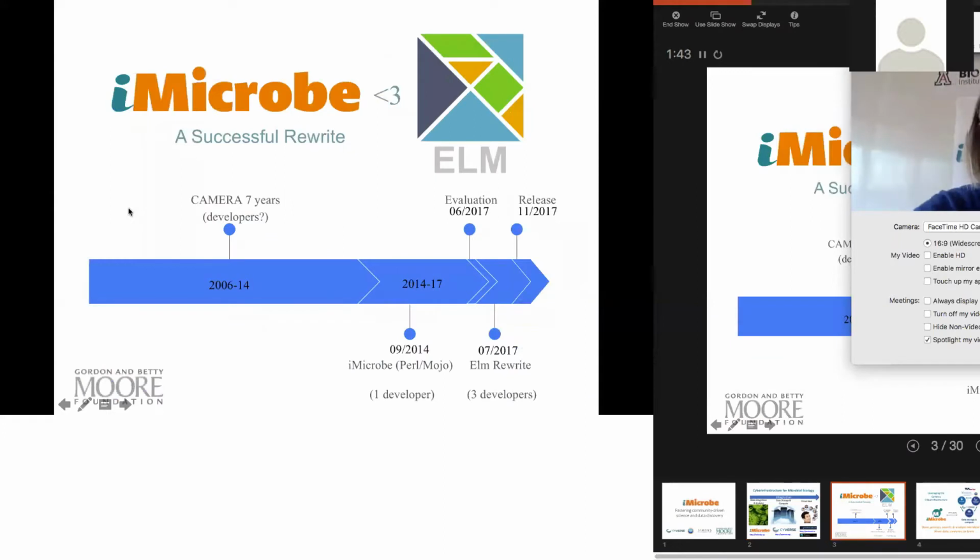I just want to give you a little bit of an idea about where we got started. Originally, the iMicrobe project was born from a Gordon and Betty Moore Foundation grant. Several years ago, the CAMERA project got started, and they worked on providing a great resource for the metagenomic community, where you could store not only data sets, but also all of the metadata associated with the data.